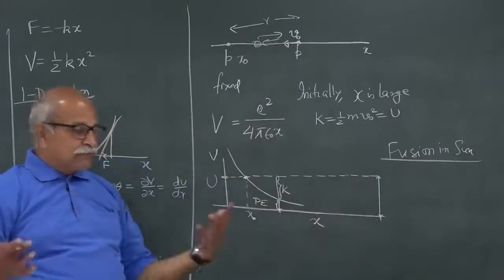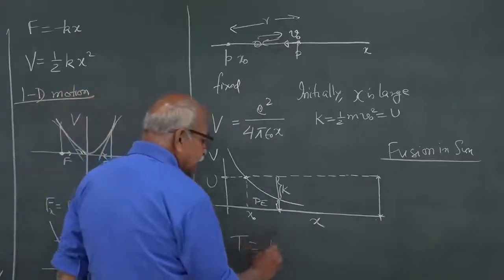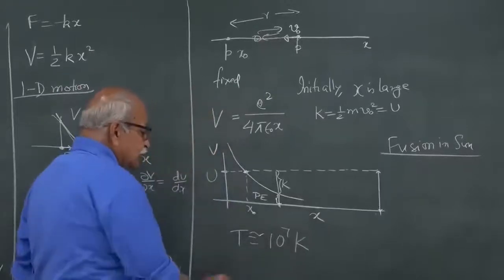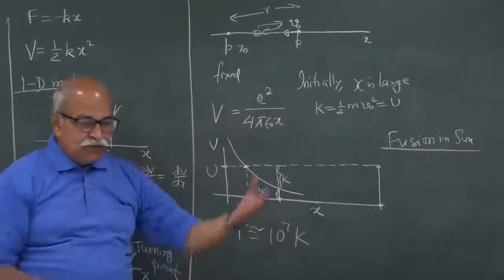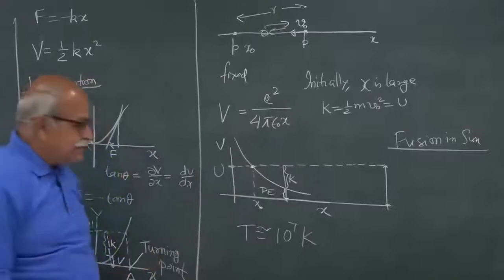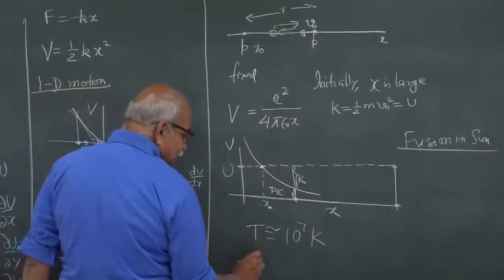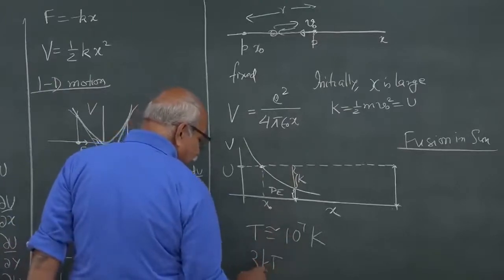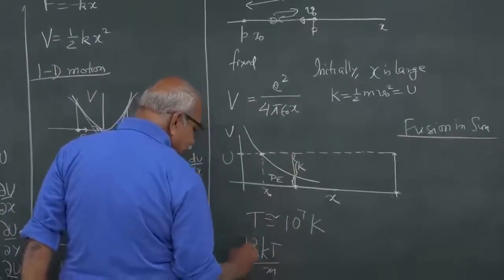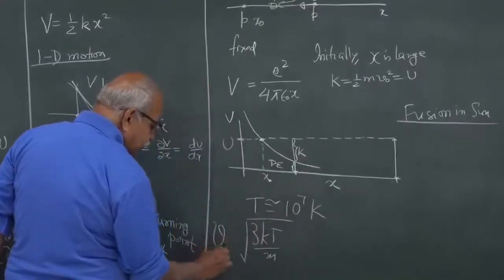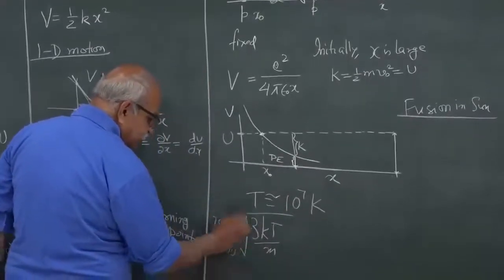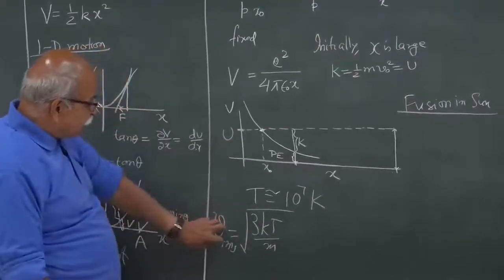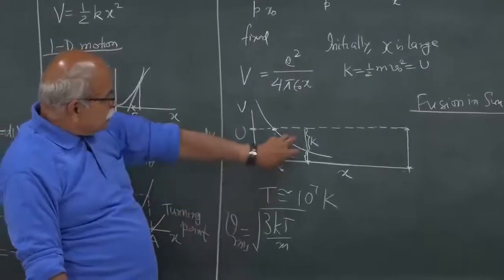Now, in the sun the temperature is of the order of 10 to the power 7 Kelvin, and you can assume that all the protons are moving with some thermal energies, the random motion. The RMS value of the speed is the square root of 3kT by m, and if you calculate this you get some value, and with that you can calculate how much x naught should be.